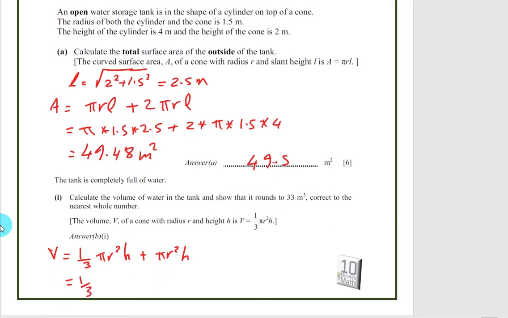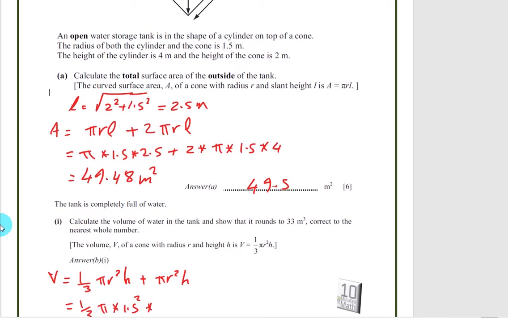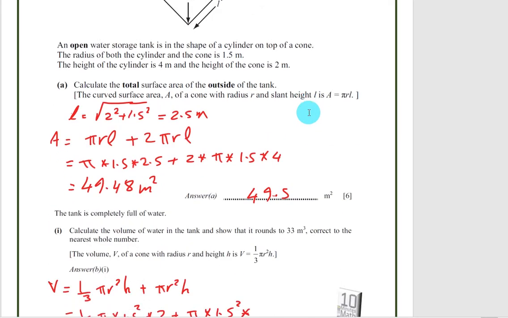So 1/3 by 1.5 squared, the height of the cone is 2, plus pi 1.5 squared, the height of the cylinder is 4.